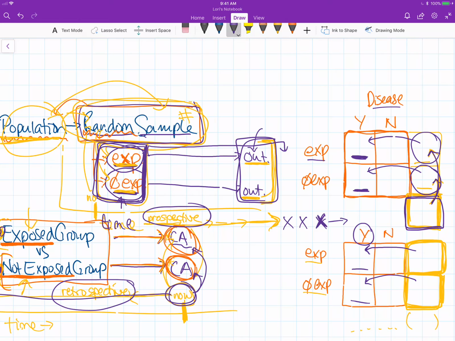So I didn't start off down here with a group that's the overall group. I can combine them and get an overall number, but I started off with my exposed group and my not exposed group, and that has some special things that have to do with analysis.